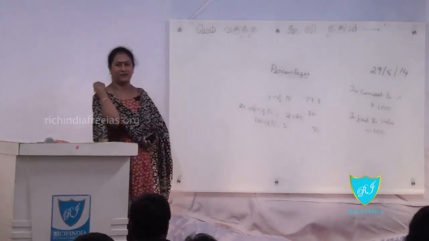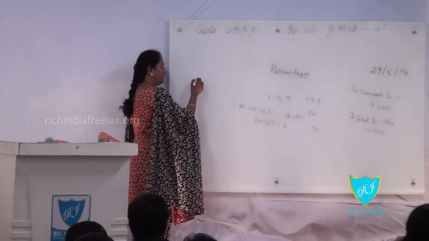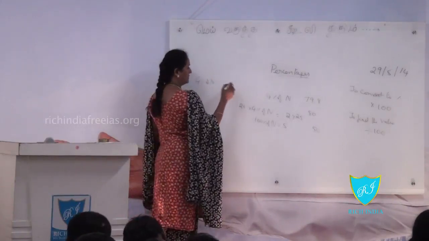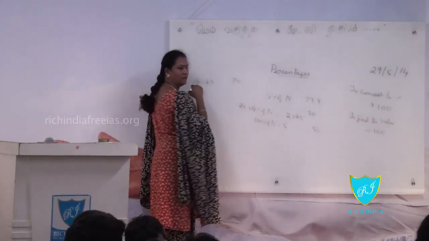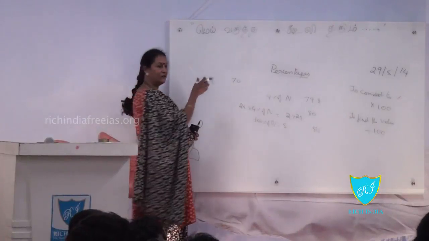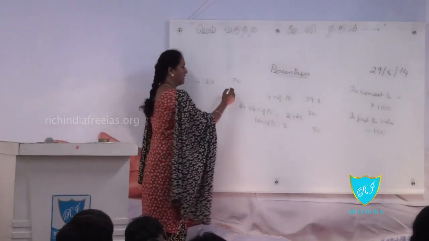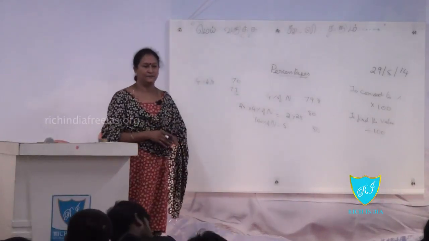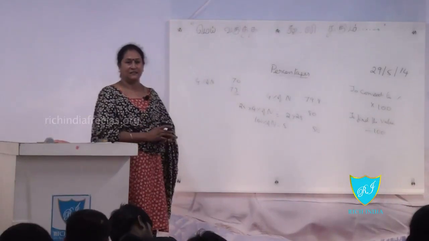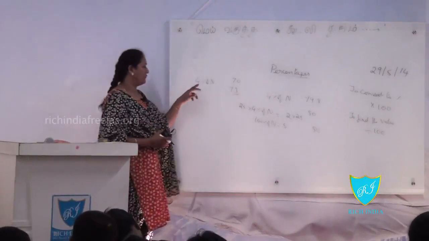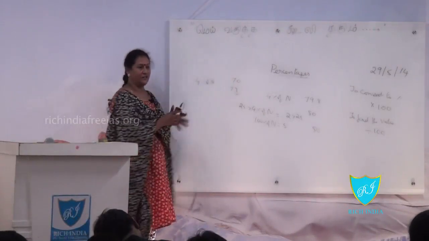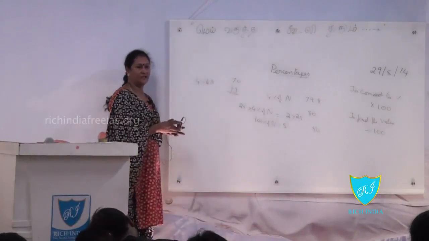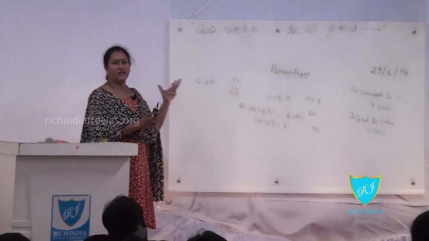I'll give you another example. Suppose you are adding 4% of a number with 70, and when you add, I get 73. So what is the number? So I am adding 4% of a number with 70 and I get 73 as the result.